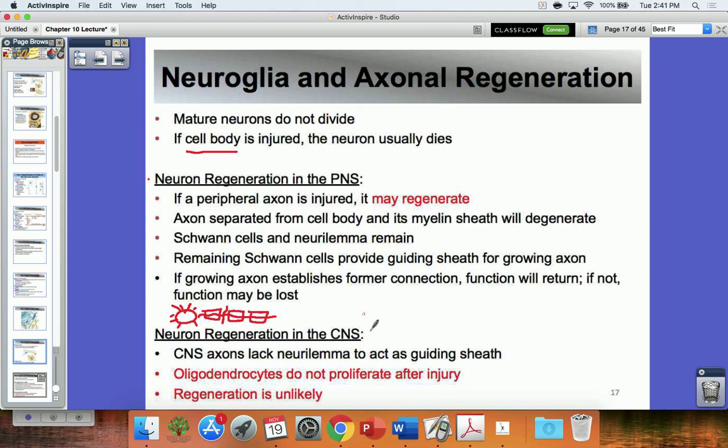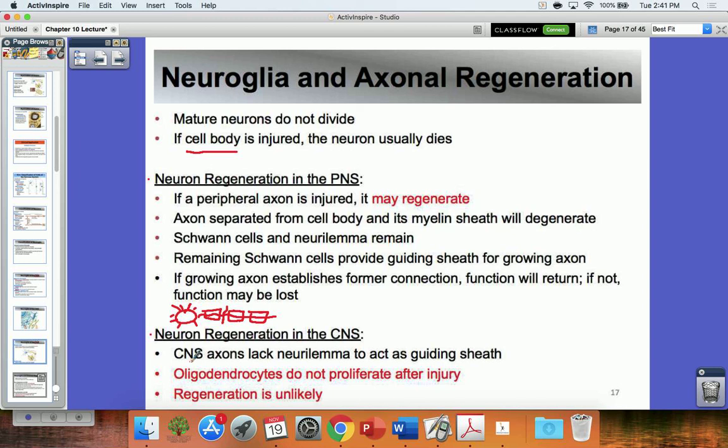Now, the regeneration of the CNS, it's going to be a bit different. So the axons don't have neurilemma, the axons, they don't have neurilemma in the CNS. So we don't really have that guide that we had in the PNS.